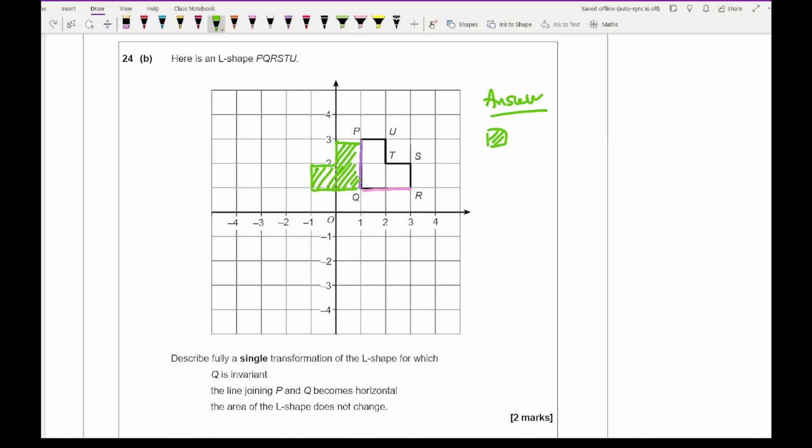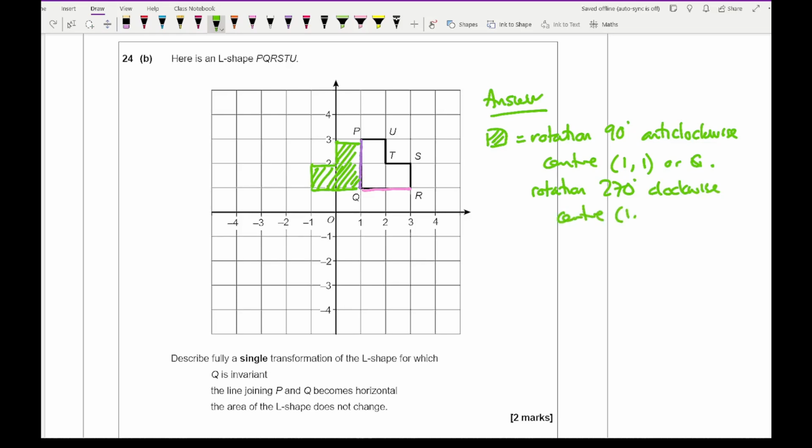So if it's the green one, it's going to be a rotation, and we could say it's a 90-degree anti-clockwise rotation with center (1, 1), or we could say Q. You can also say that it's a rotation of 270 degrees clockwise with center (1, 1), or Q.